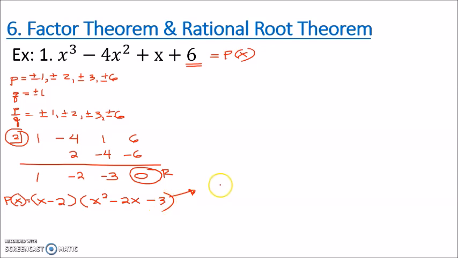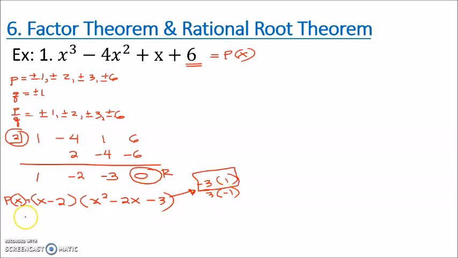So, ano pang factors ng 3? Kasi negative siya, so we can have negative 3 times 1, no? We can have 3 times negative 1. Okay? So, negative 3 plus 1 is negative 2. Negative 3 times negative 1 is positive 3, but 3 minus 1 is positive 2. So, therefore, we are looking for this.